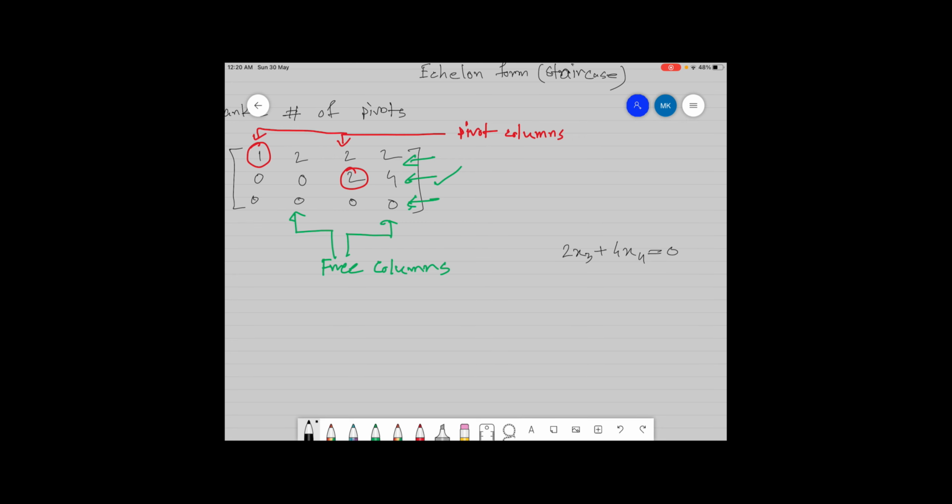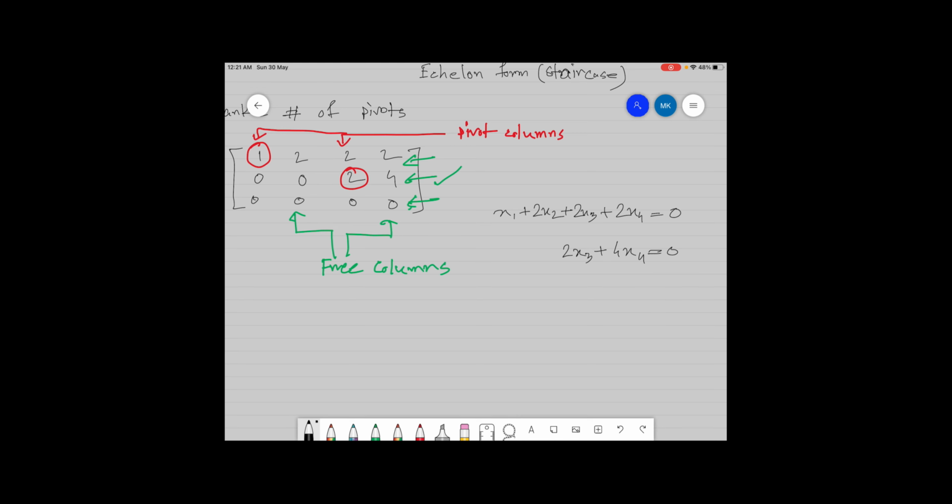And from the first row we have x1 plus 2x2 plus 2x3 plus 2x4 equals 0.